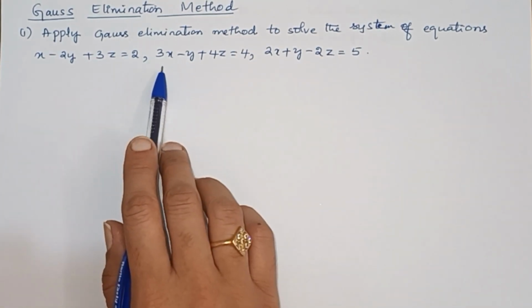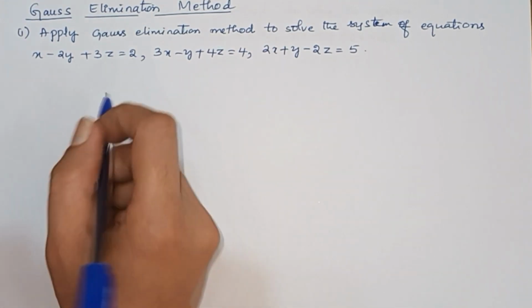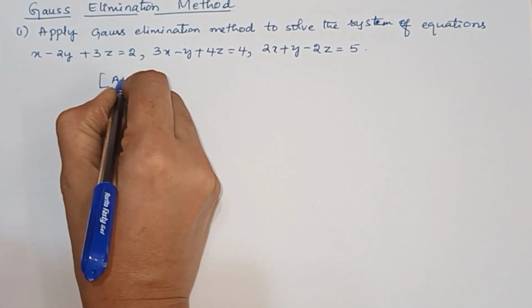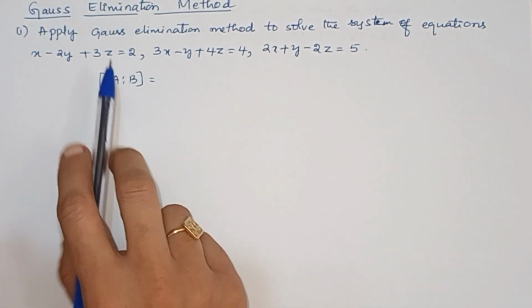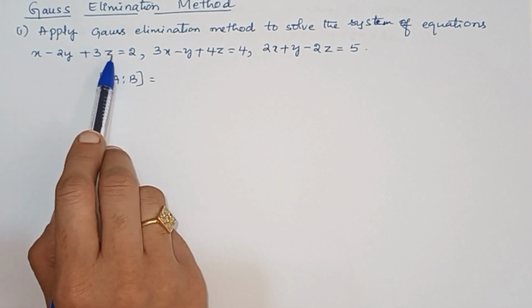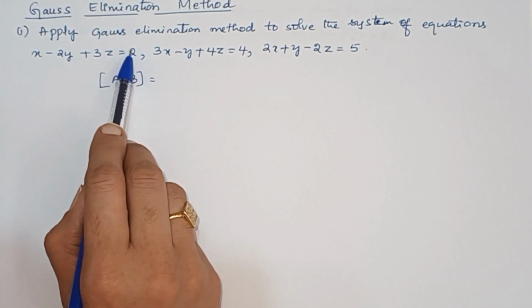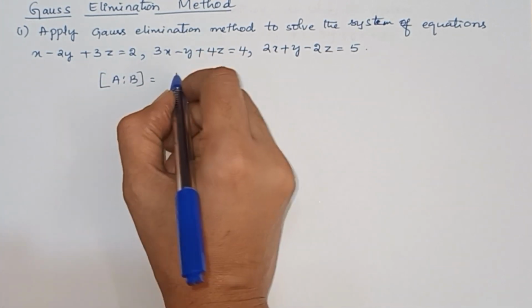First, we have to write the augmented matrix associated with this system. That is, the augmented matrix is denoted in this way, which is obtained by writing the coefficients of the variables x, y, z and the constant term on the right hand side as the rows of the matrix.